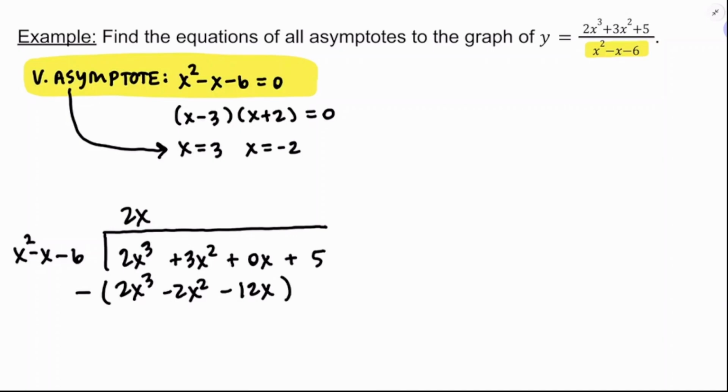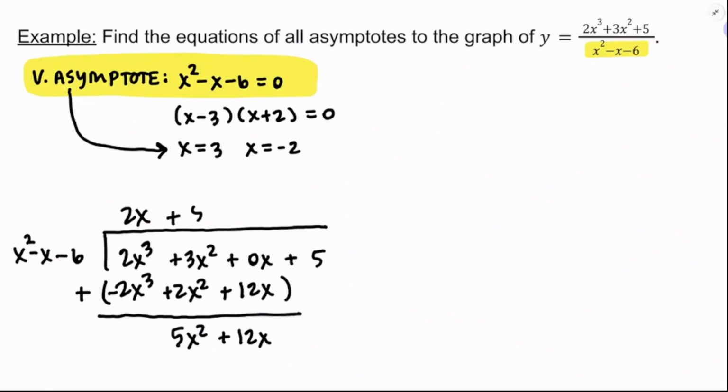But I think, if I've got two negatives, what I might do is switch the signs of everything and say, all right, 2 minus 2 is 0. 3 plus 2 is going to be 5x squared. And then 0 plus 12 is 12x's.